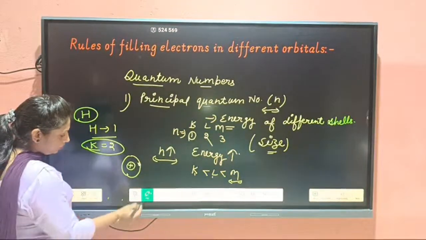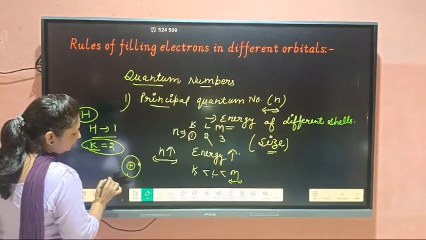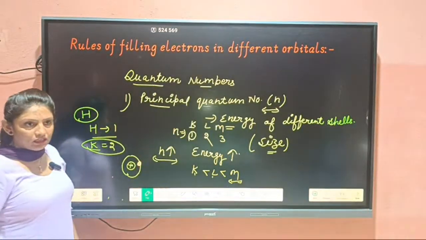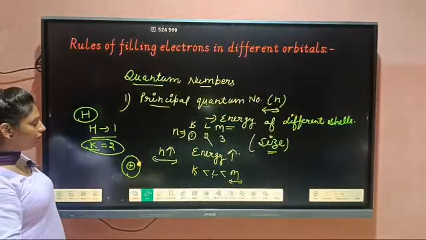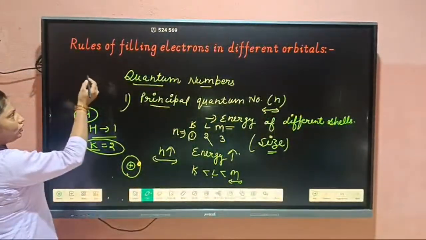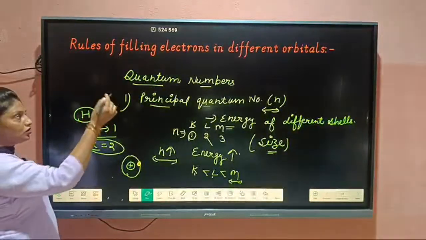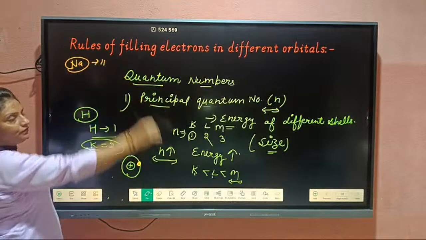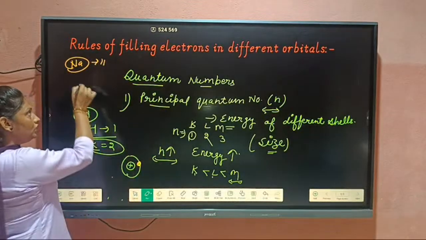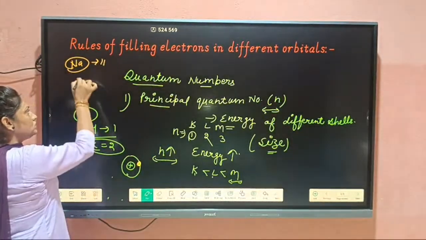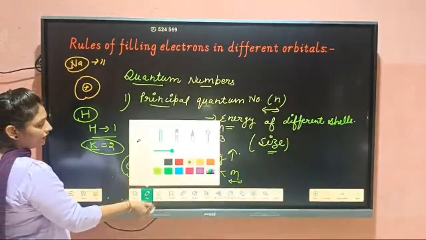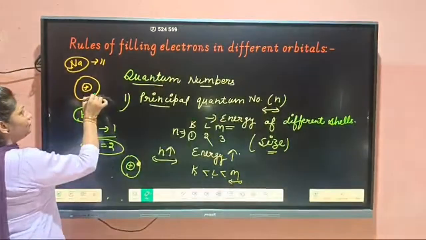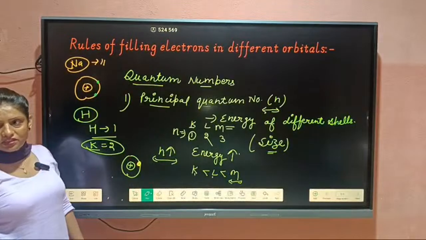But if we want to fill electrons in different energy levels for sodium, what is the atomic number of sodium? 11. So in the first shell, how many electrons are there? There are 2 electrons in the first energy level, K shell.